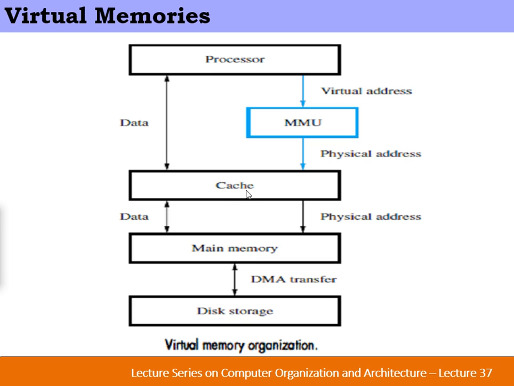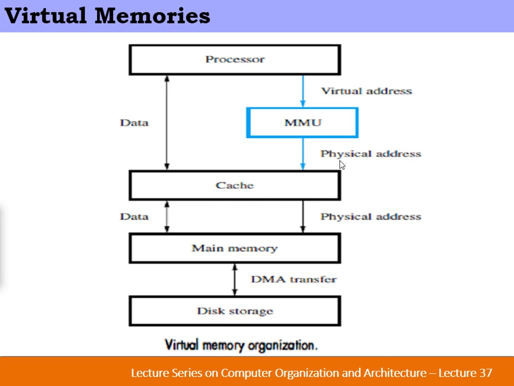This cache memory is used to increase the speed of accessing the instruction or the data, hence it is going to give good performance. Any data that needs to be transferred from processor to main memory or from main memory to processor will be available in a cache memory. So cache memory is included in order to increase the speed of execution.